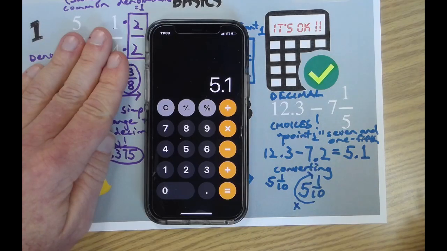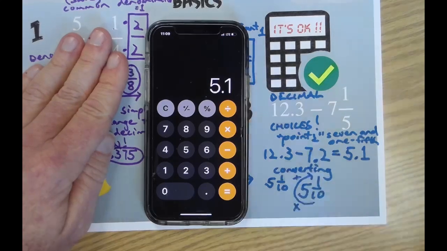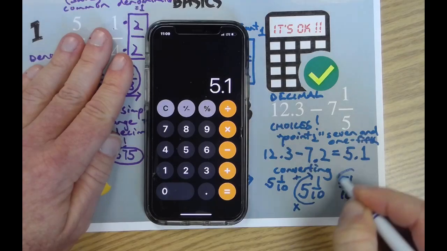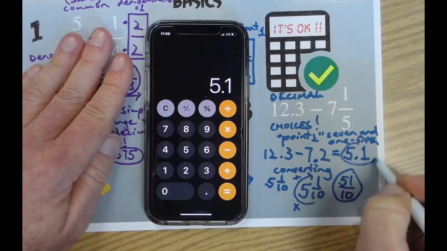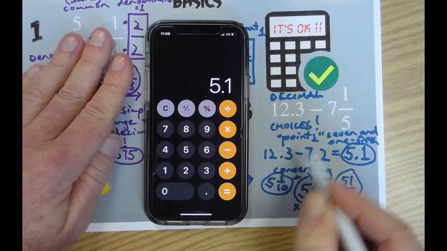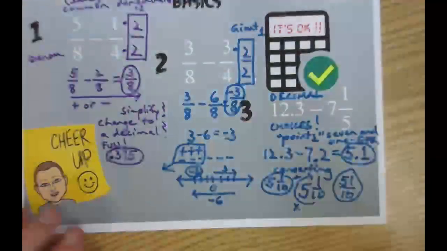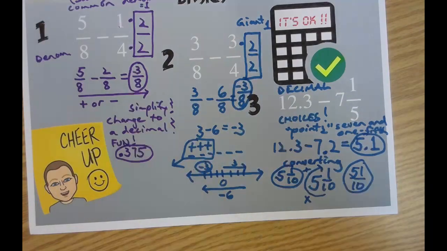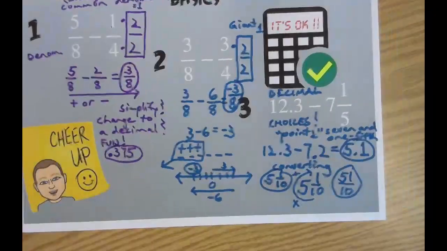Go ahead, don't be shy. 10 times 5, what is it? Plus 1, right. So not only did we get a solution to that little problem, we used a calculator because it's okay, and we converted it to a mixed number and an improper fraction.